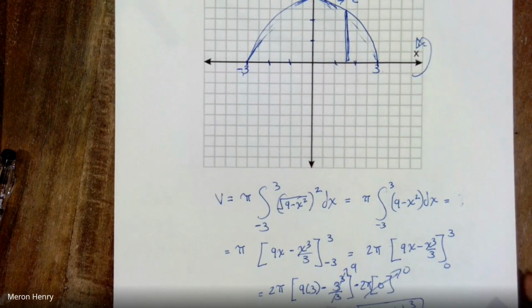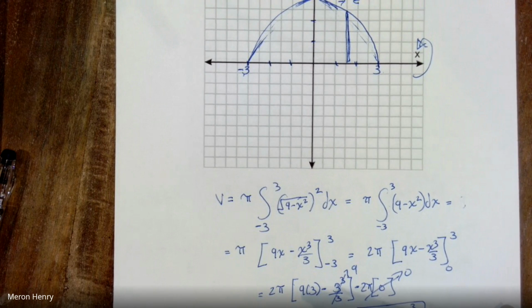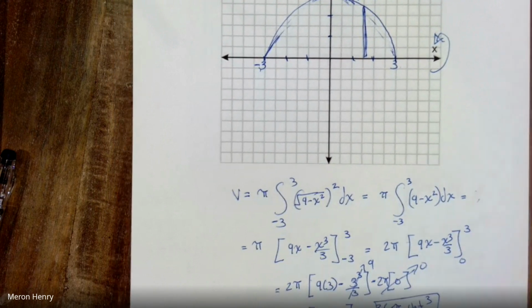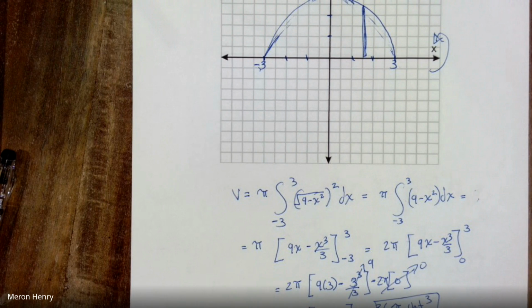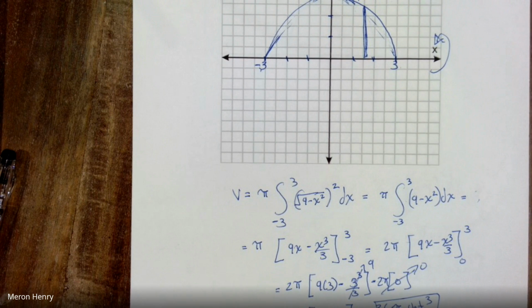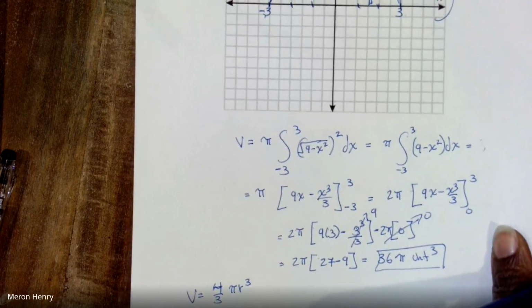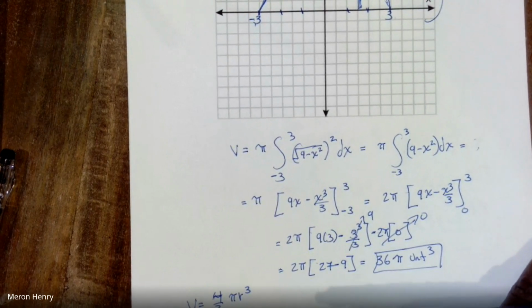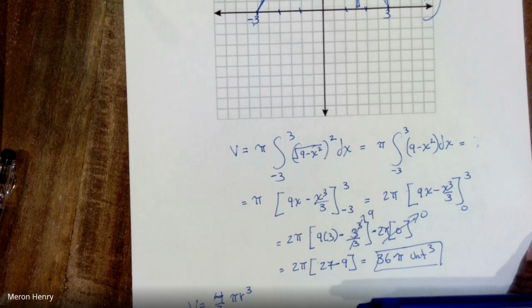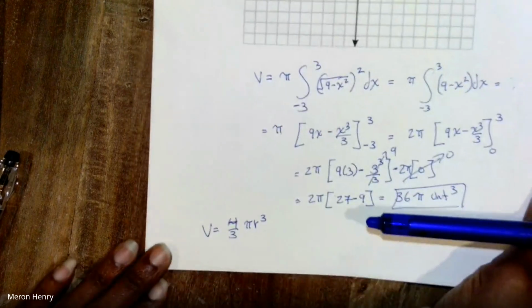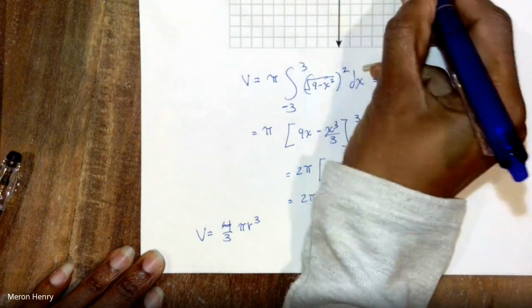And this is a side note: we know the volume of a sphere is V equals 4/3 pi r cubed, right? And if we were to plug in our values, we know our radius is 3, right?